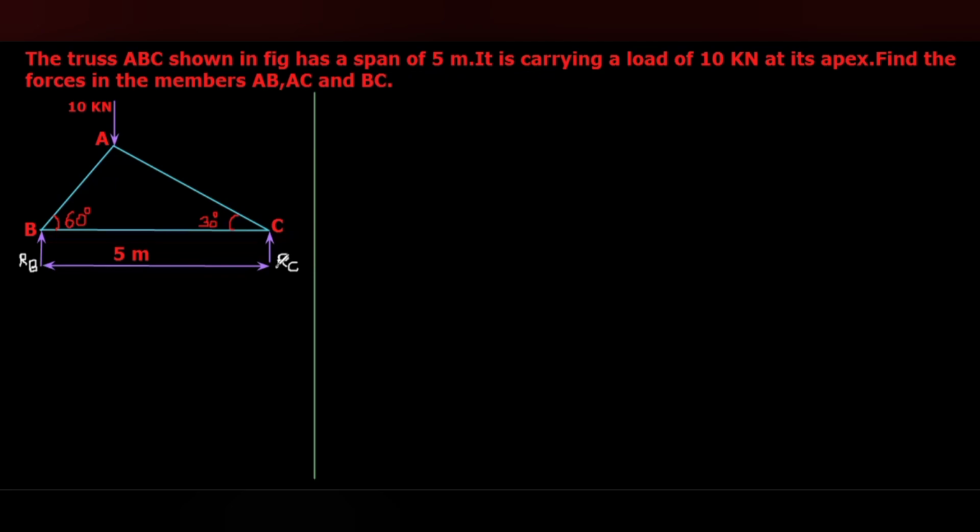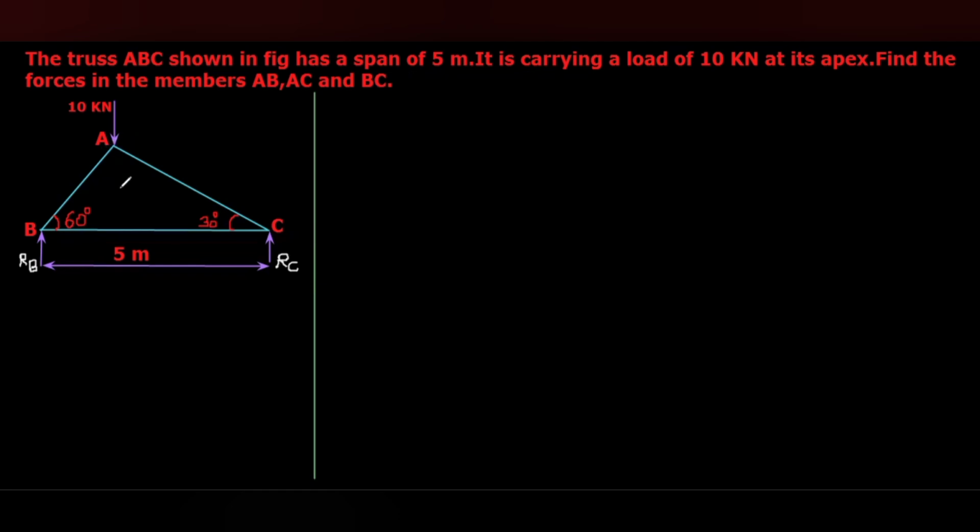Okay. So the equilibrium principle, summation of vertical forces equal to zero, summation of moment about any point equal to 0, those things we can use. Before that, we have to calculate the distances. That means the 10 kilonewton.